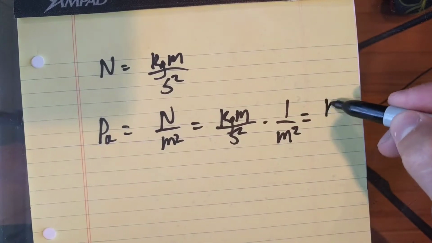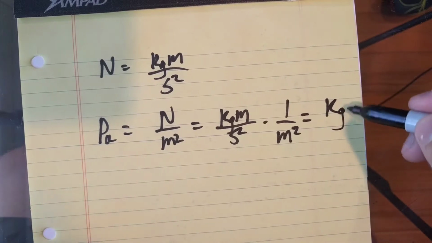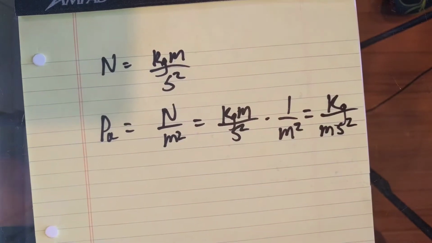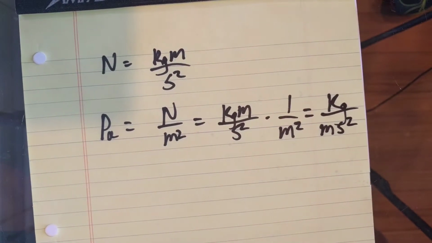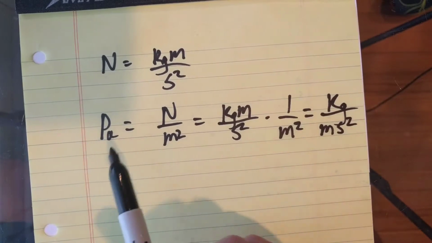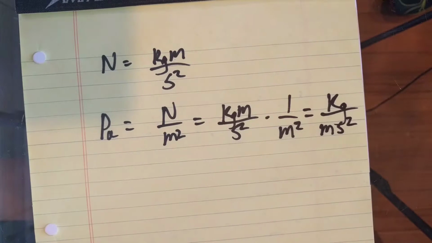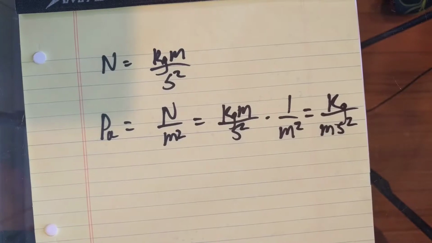So really it's kilogram per meter second squared. Kind of weird. Anyway, don't let that trip you up. Just try to remember that Newtons, Pascals, what's another common one? I don't think you'll see any other ones besides that in this work, but maybe. Just be ready for it.